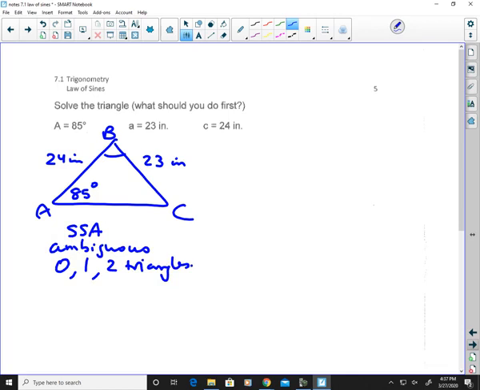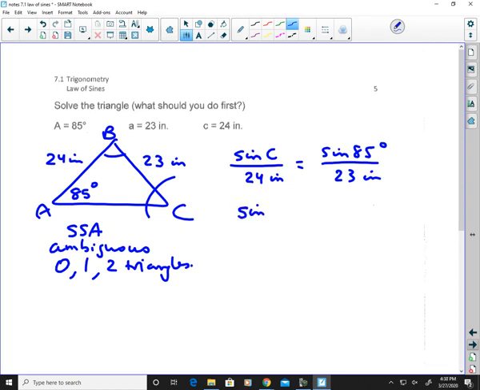I know everything about A. I know a lot about C, but not everything, so I will set it up for sine of C. Multiplying both sides by 24, sine of C will equal 24 sine of 85 over 23.